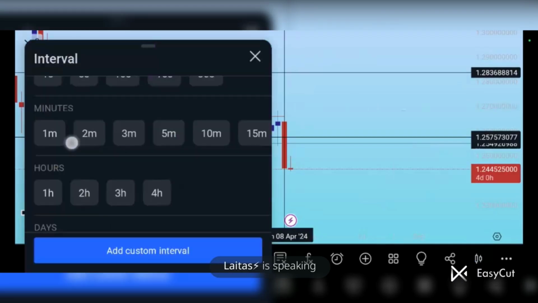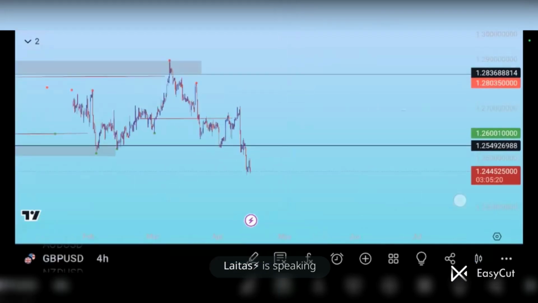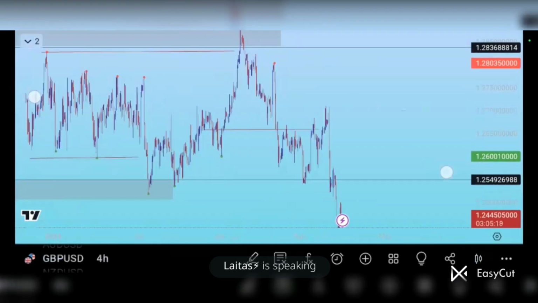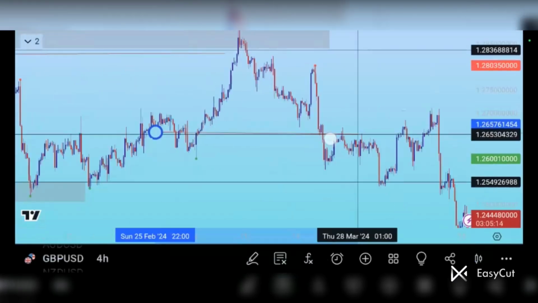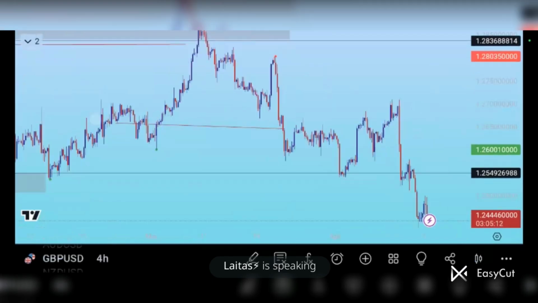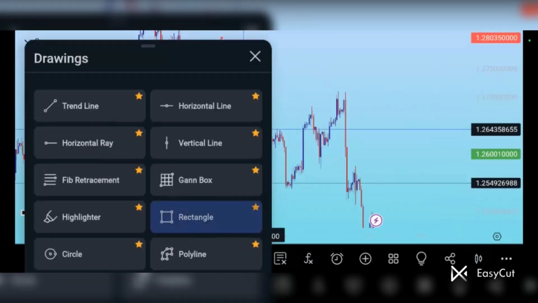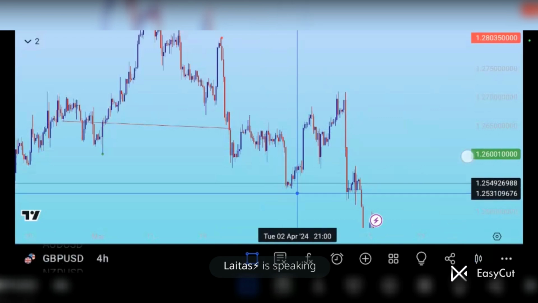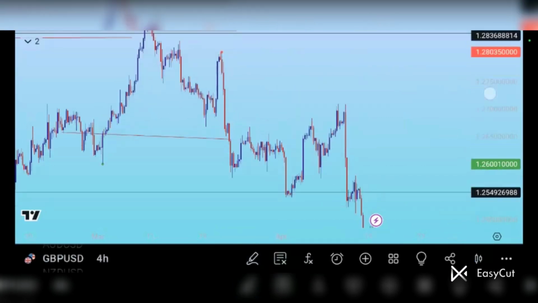Let me go to H4. Now on my H4, what can I see? Don't forget, I saw the break here. So I would have taken this sell here. That happened at this place. How?